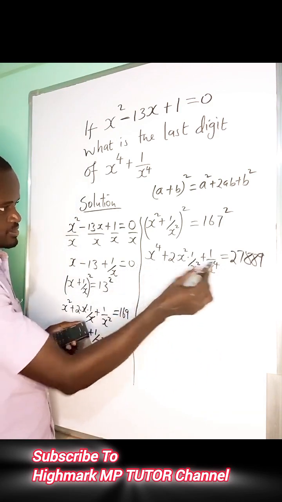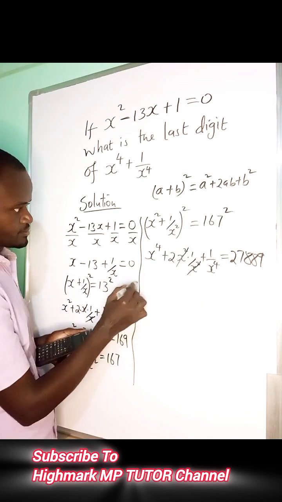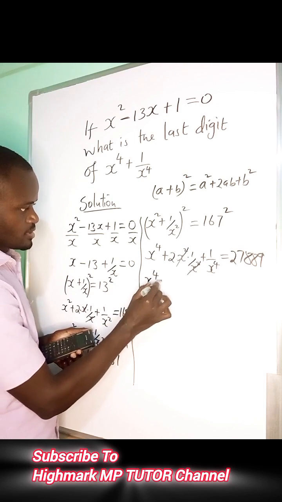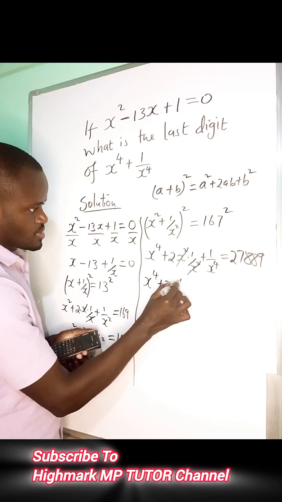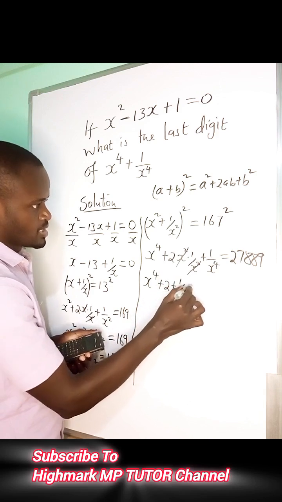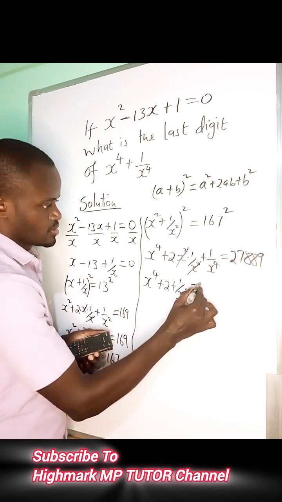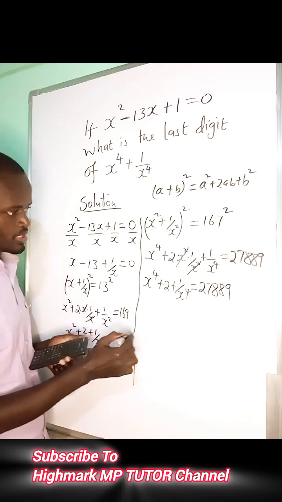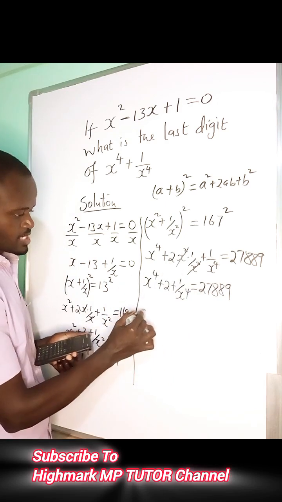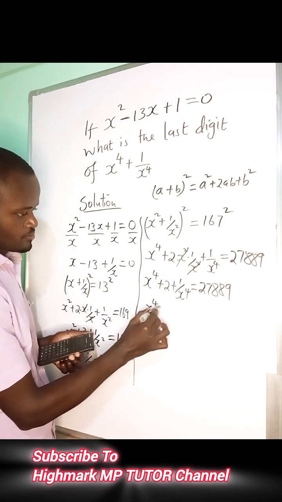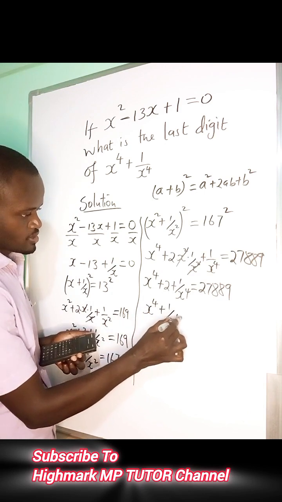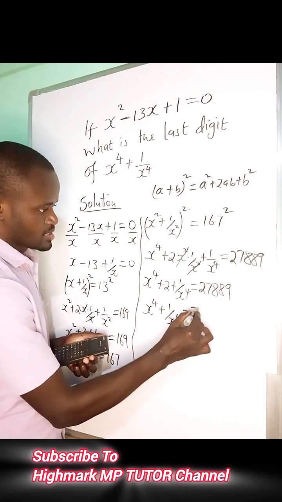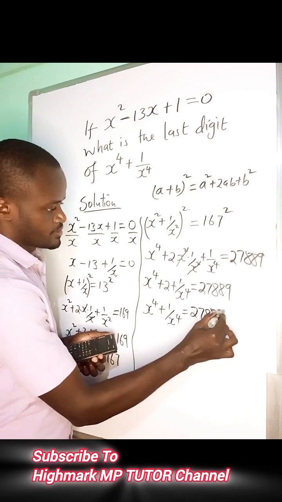And then from there, these will cancel so that we have x power 4 plus 2 plus 1 over x power 4 is equal to 27,889. Well, 2 can cross again so that we have x power 4 plus 1 over x power 4 is equal to 27,889 minus 2, and that is 27,887.